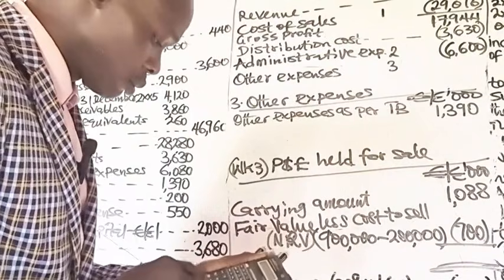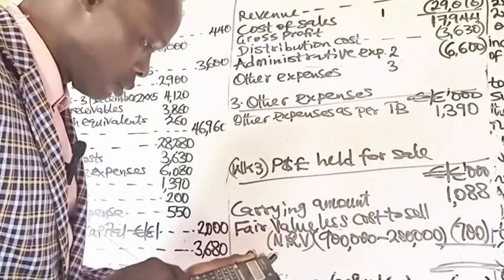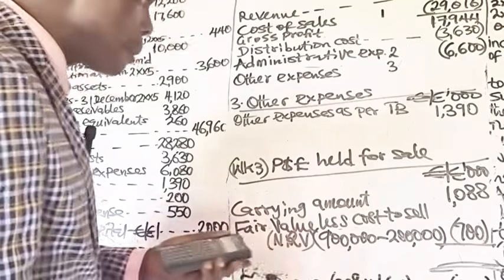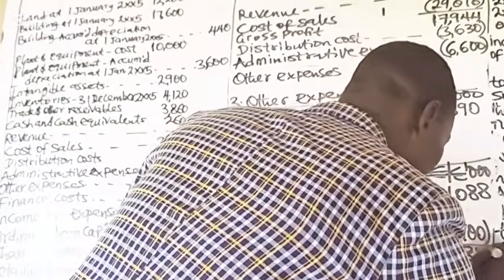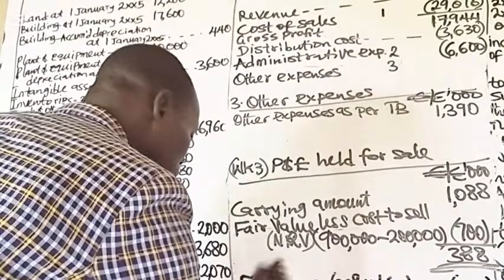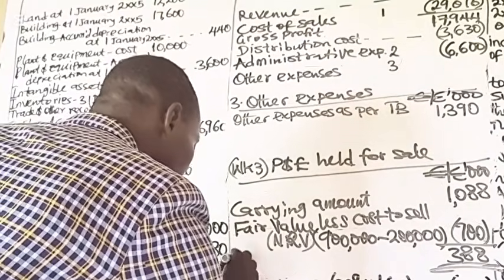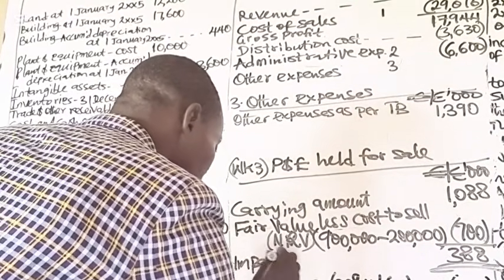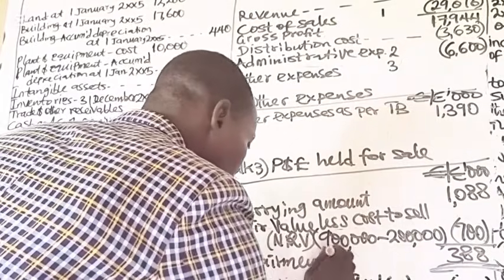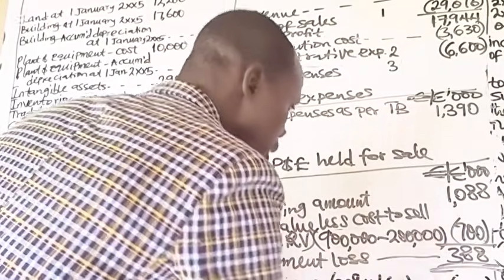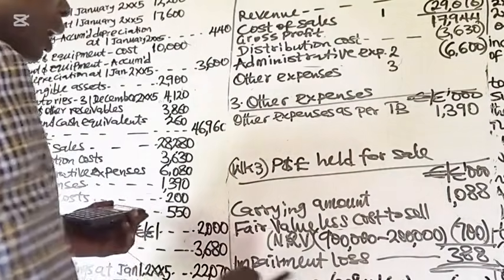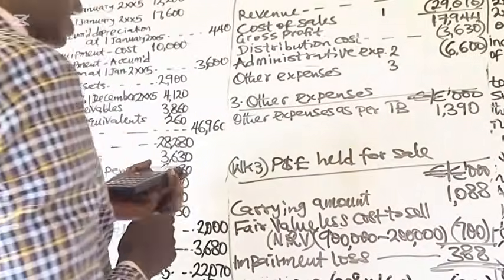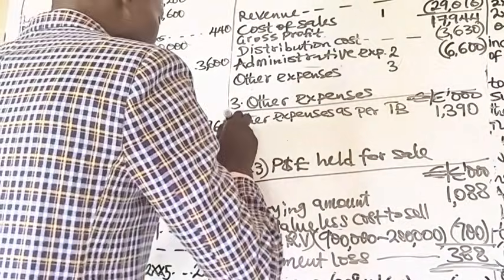1,088,000, then you have an impairment loss of 388. So that is the impairment loss. This impairment loss will be included in other expenses.